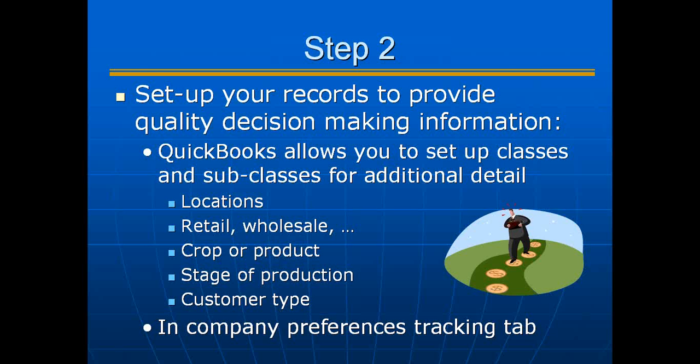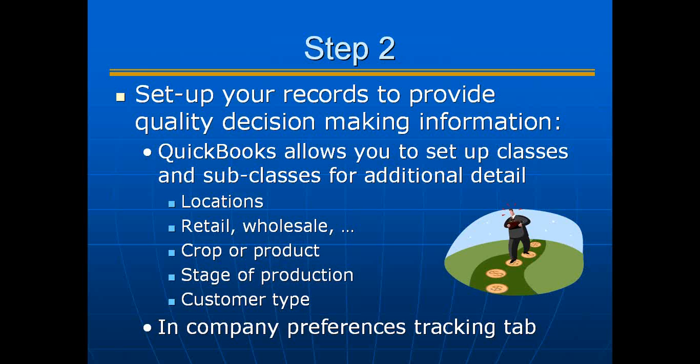So let's say you set up one enterprise as being your crops and you set up another enterprise as being your livestock. If you do use QuickBooks, then you can have subclasses of crops or livestock. For example, somebody talked about sheep and goats and possibly pigs and chickens.